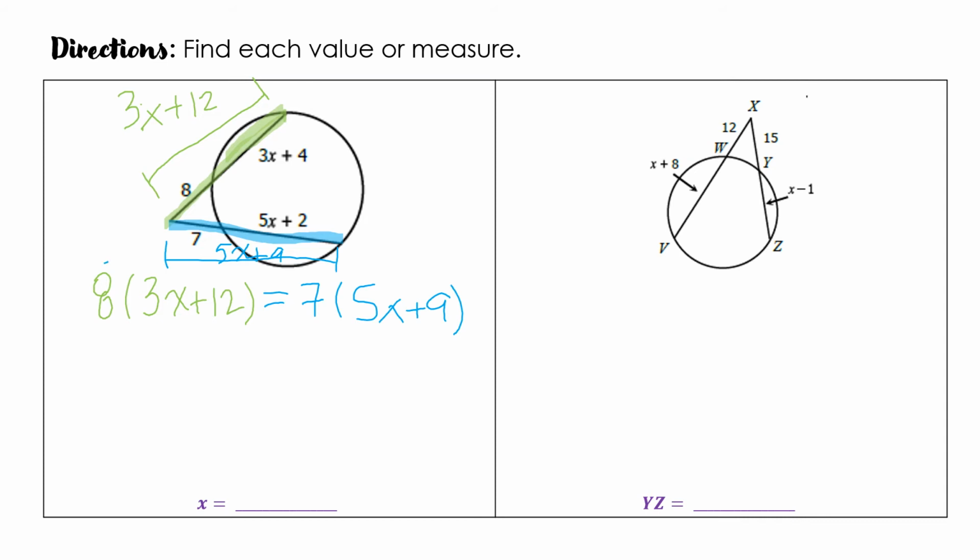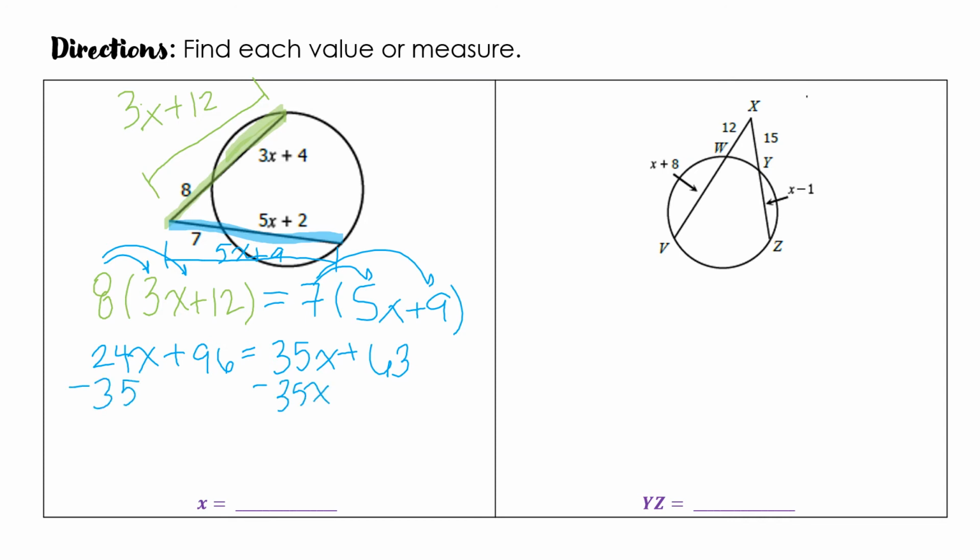So I'm going to distribute. 8 times 3x would be 24x, and 8 times 12 is 96. 7 times 5x is 35x, and 7 times 9 is 63. Now we're going to move the 35x by subtracting.